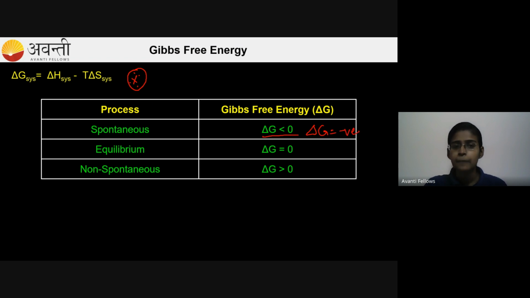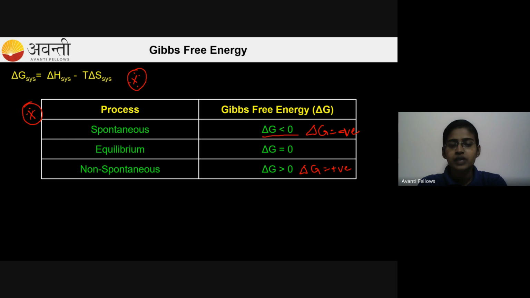And for all non-spontaneous processes, delta G will be greater than 0, that is positive. And for an equilibrium process, delta G is equal to 0. If a process has to be spontaneous in nature, then it is very important that the delta G value should be negative. So these are the very important conditions you need to know about the process and the Gibbs free energy change.